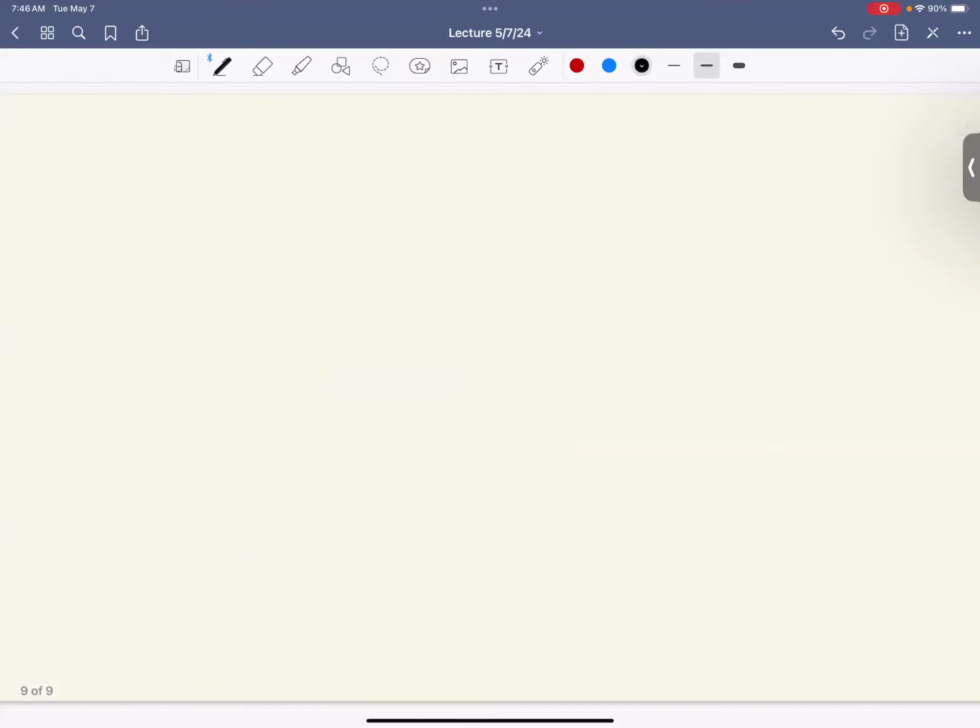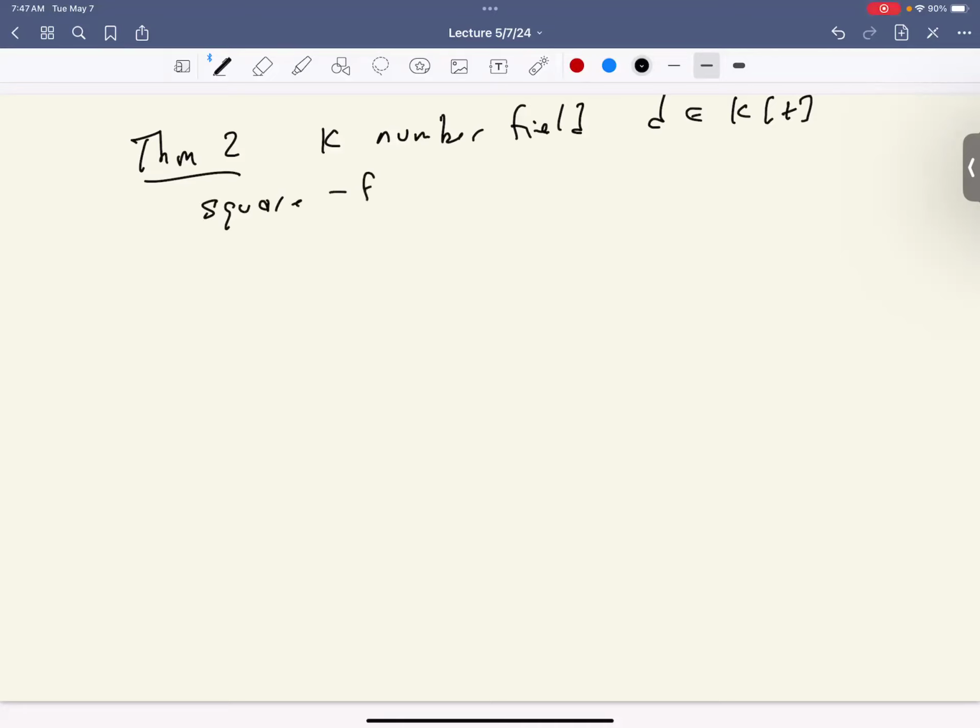So I was able to give an analog of that theorem too. I don't know if this is known in any form. I wouldn't be surprised, but so again, K is a number field. And D is square free.